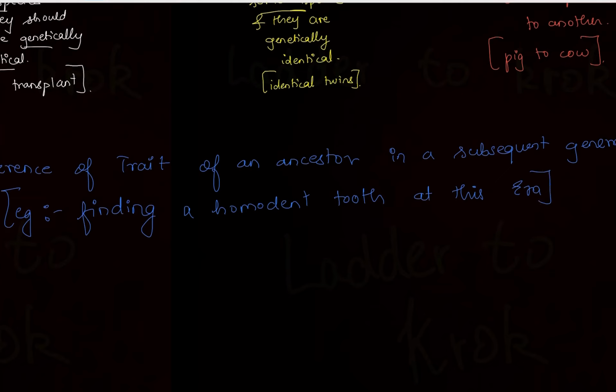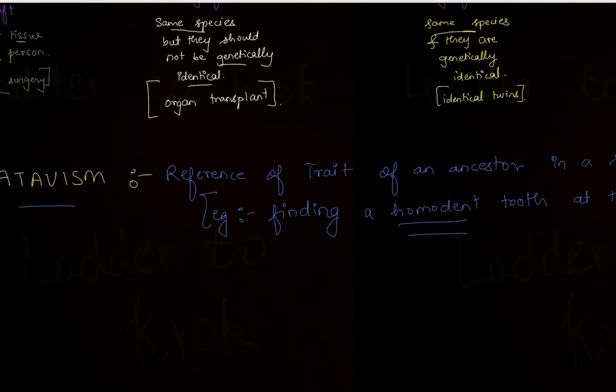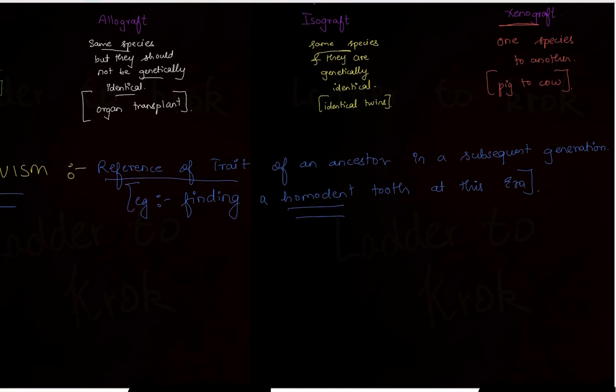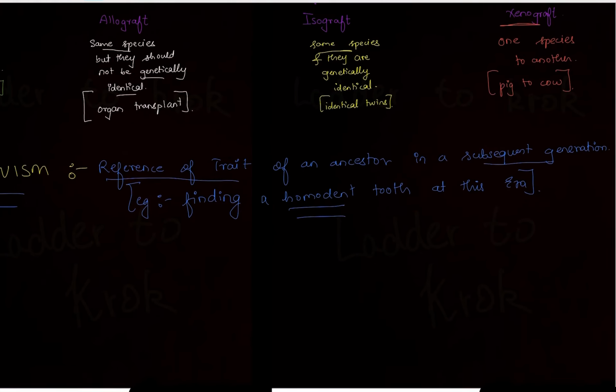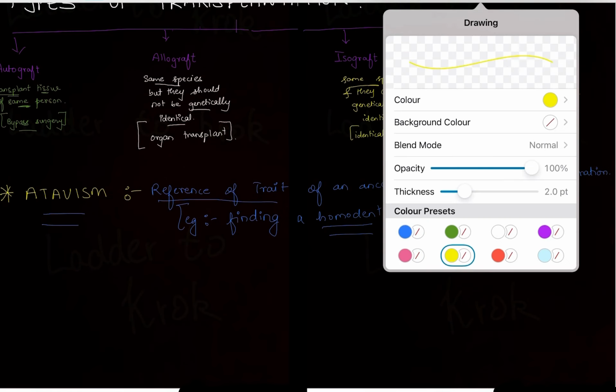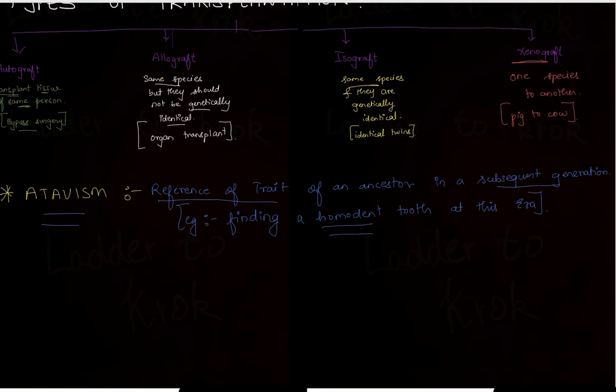Okay, so this homodont tooth, it is a feature of our ancestors, but if we see this in today's people, then we call it as atavism. That is a reference of trait. It is a trait. This homodont tooth is a trait. This trait, if found in a subsequent generation, means the generation which we are having right now, is called as atavism.